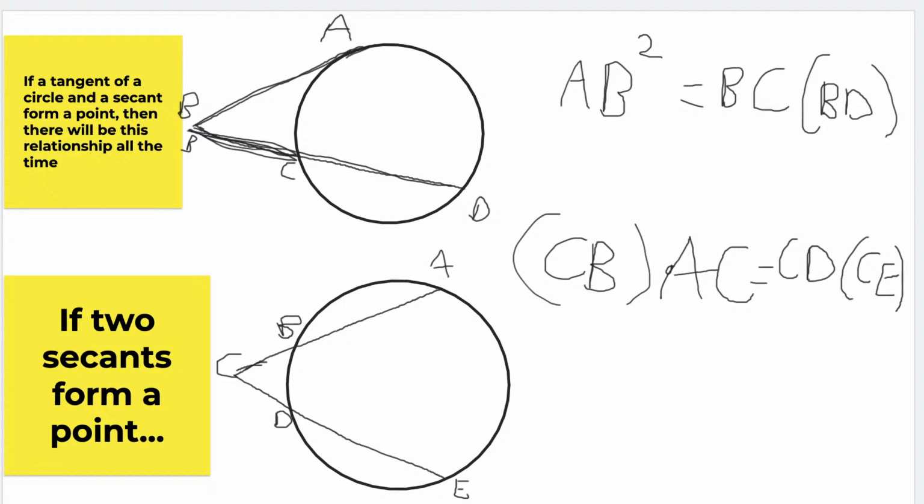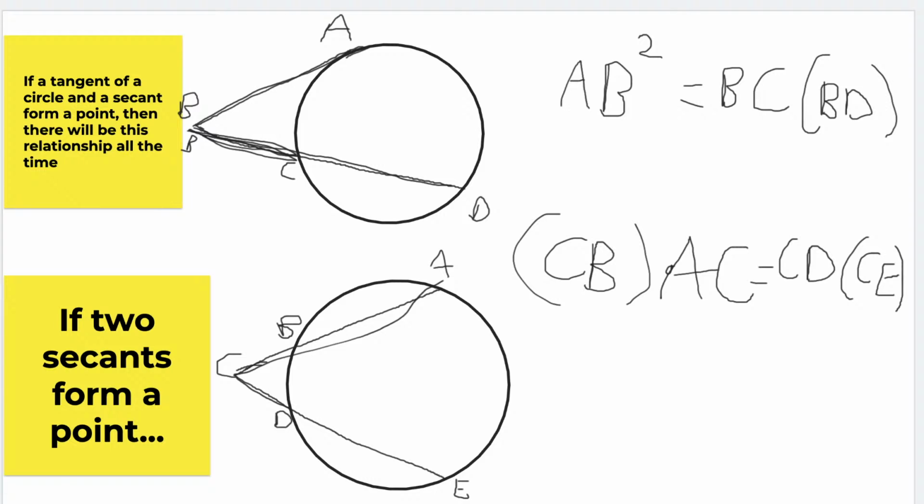And if two secants form a point, then there's this relationship. CB, the length that is outside the secant, times the entire line, which I'm going to call S from now, CB times AC, equals the length that is outside, again, CD times the whole line. This is a very powerful theorem.